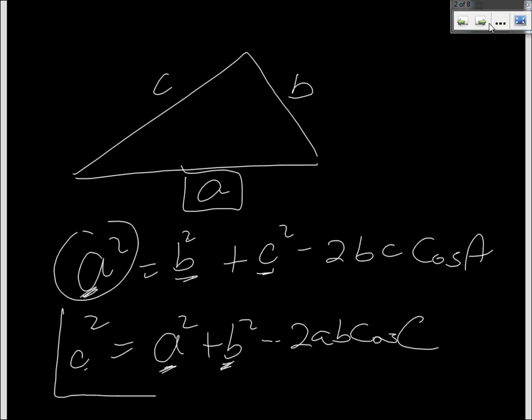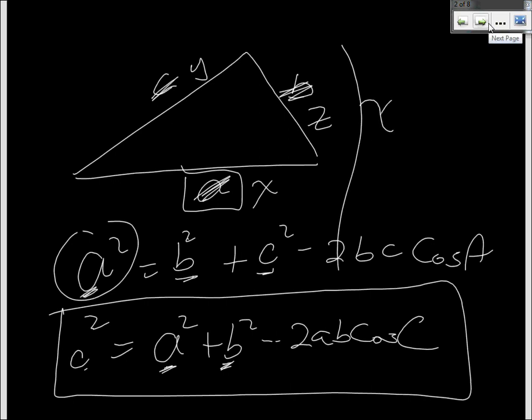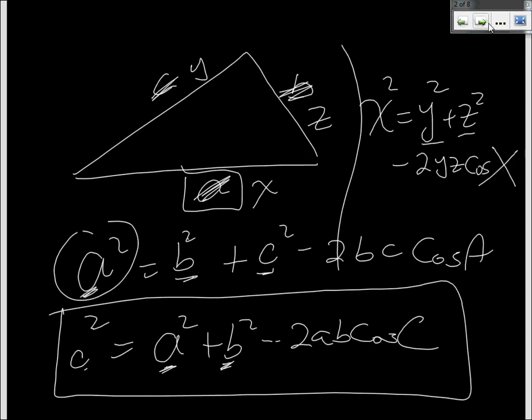Okay, this is how you get the different versions of the law of cosines. I mean, what if instead of these 3 sides, I was rude and I put x, y, and z? Well, x squared will equal the second leg squared plus the third leg squared minus 2 times those legs times cosine of not side x, but big angle x.